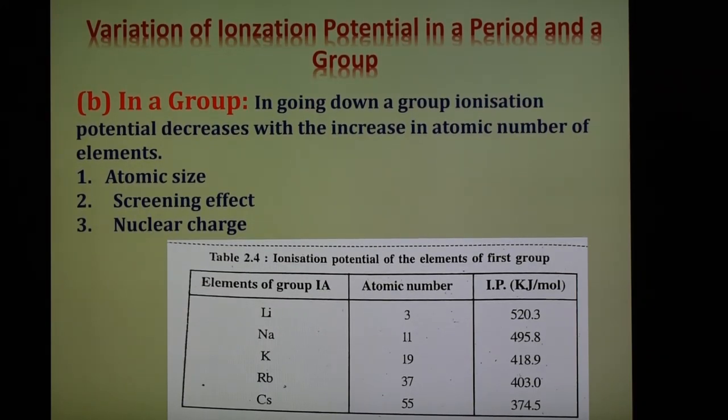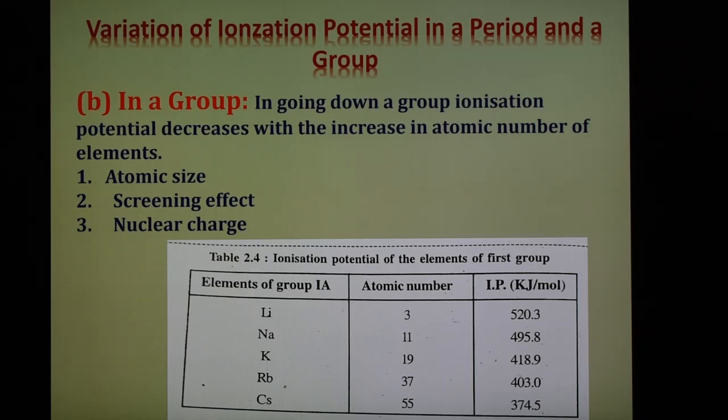The third factor is nuclear charge. The nuclear charge going down the group also increases. This increase in nuclear charge increases the value of ionization potential. So we observe that the first two factors, atomic size and scaling effect, favor the decrease, while the third factor, nuclear charge, favors the increase of ionization potential value.